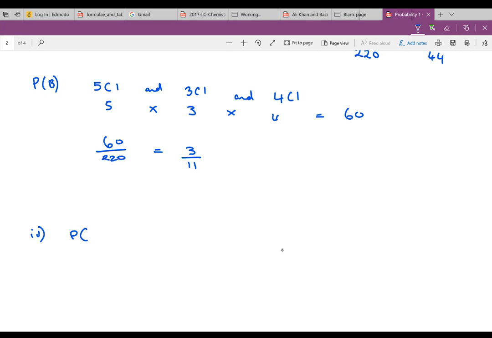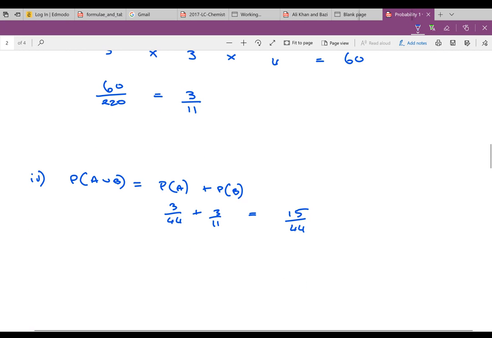The probability of A union B, because they have to be within that set. And I know if they are mutually exclusive events that I don't have the intersection, so it's simply just 3 over 44 plus 3 over 11 is equal to 15 over 44. Remember that is for mutually exclusive.